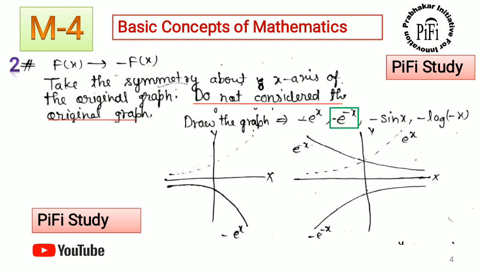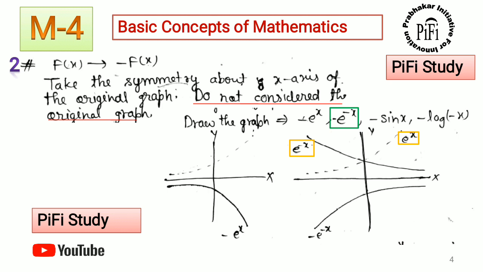Then second case, minus e to the power minus x. For this, first draw the plot of e to the power x. Then draw the plot for e to the power minus x, by taking the symmetric, or putting a mirror on the y-axis and taking the mirror image. Then again you have to draw minus e to the power minus x.